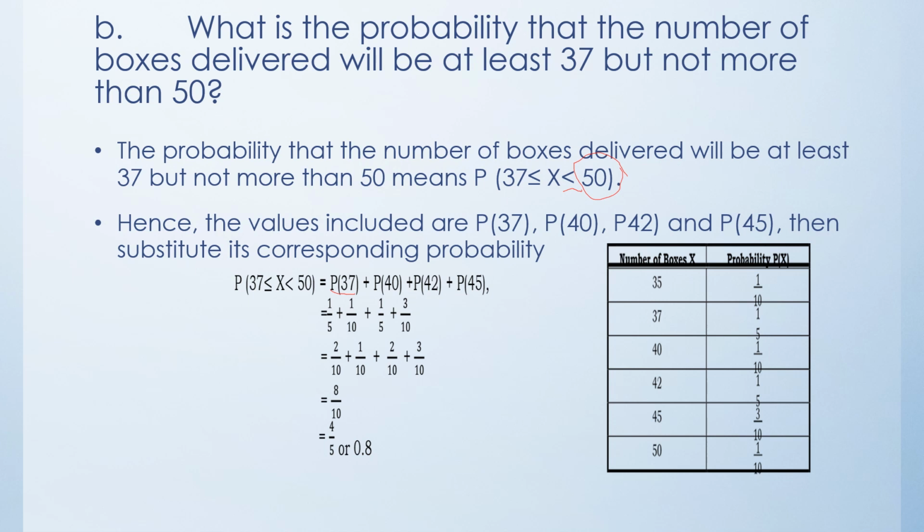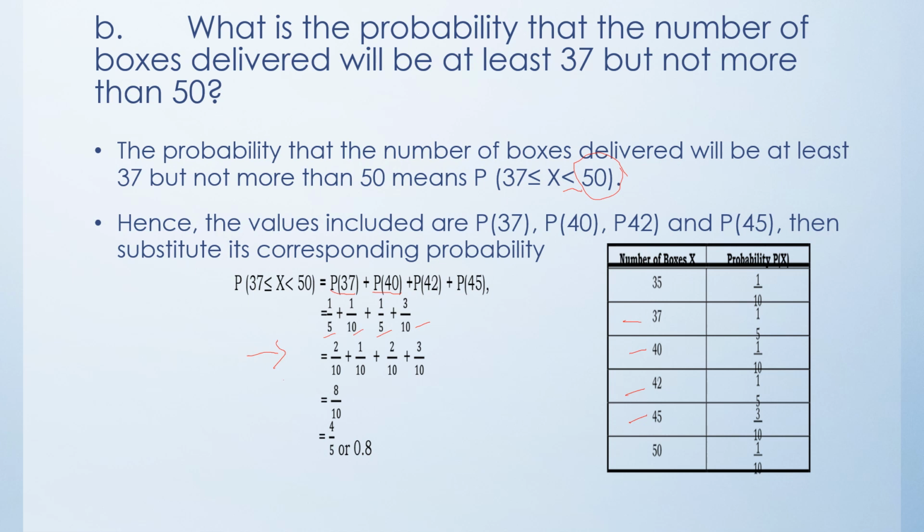Probability of 37 is 1 over 5. Probability of 40 is 1 over 10. Probability of 42 is 1 over 5. And probability of 45 is 3 over 10. Adding all this together and changing 1 over 5 and 1 over 5 similar to the other fractions, it will give us 2 over 10 plus 1 over 10 plus 2 over 10 plus 3 over 10.